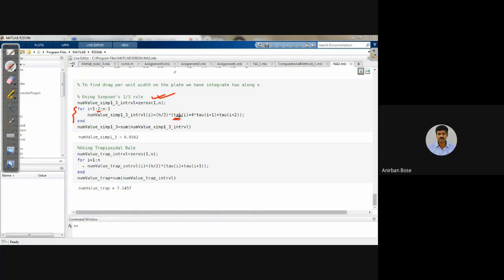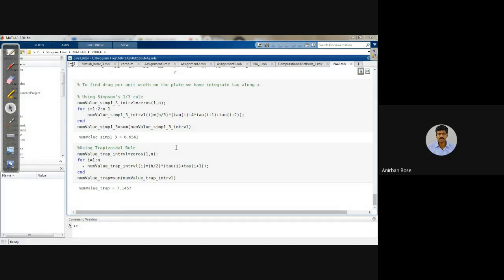So I have created a function tau, and within that function tau, basically the shear stress function was there. It is exactly the same function as wall shear. So you have to replace that, and the remaining thing is exactly the same.